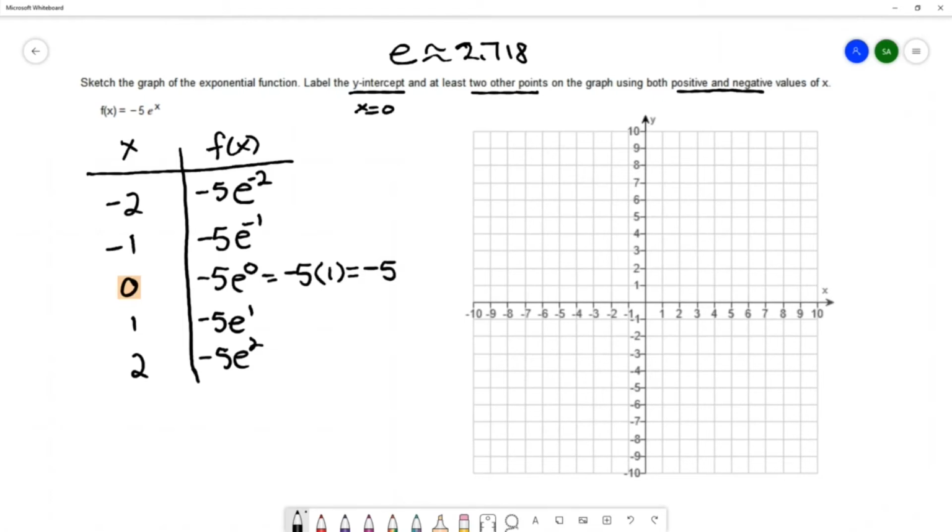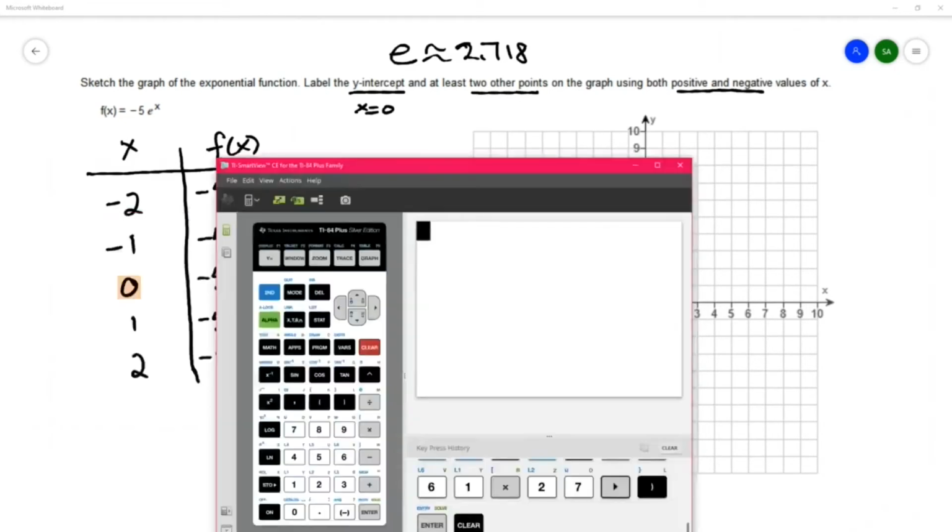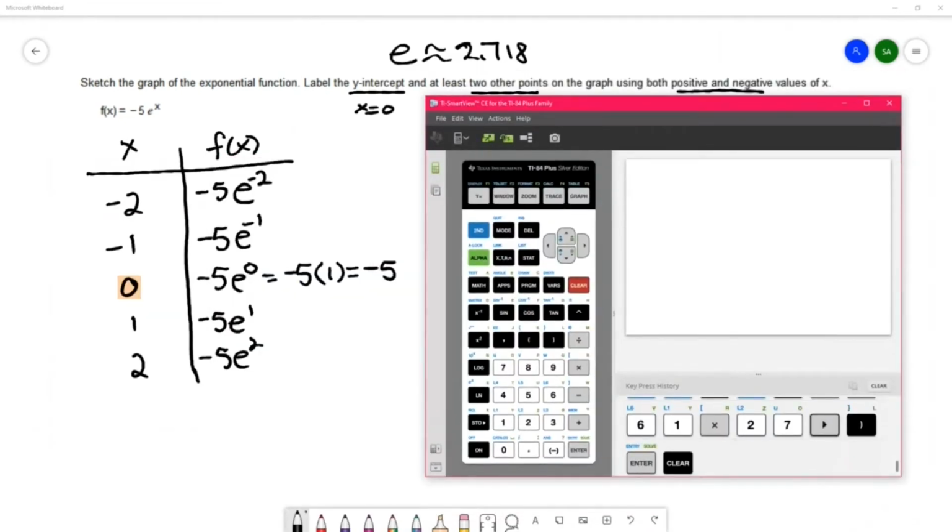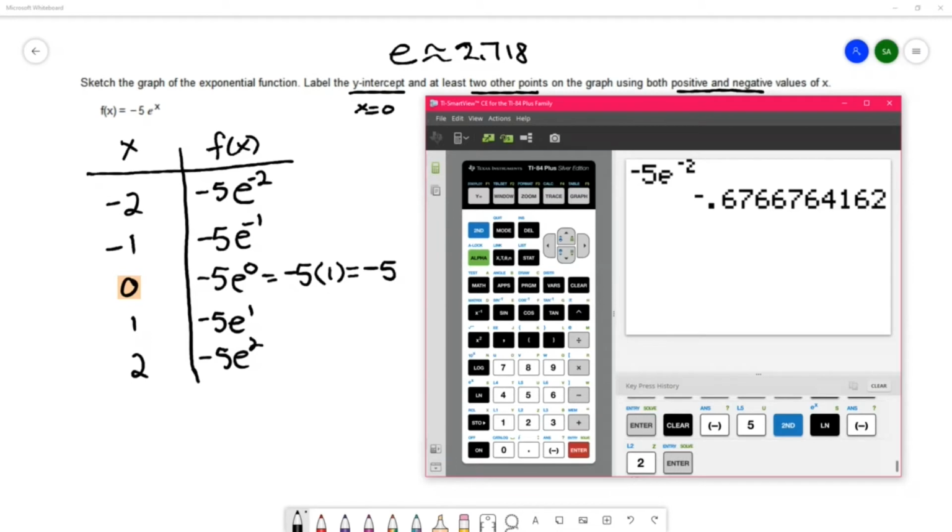And let me pull it up. And you can type the first one, that's -5 e to the -2, and that is approximately -0.677.